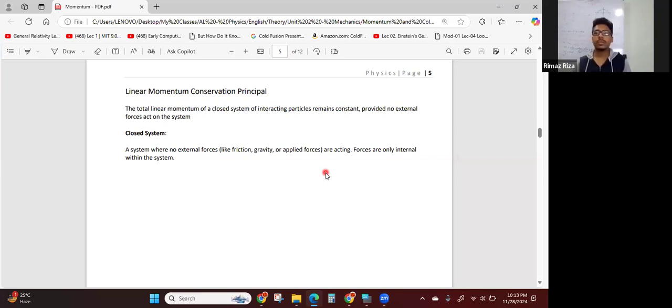So a closed system is like a space ship or a shuttle in space, when the engine is turned off. It experiences no gravity or anything, so it will be a closed system.